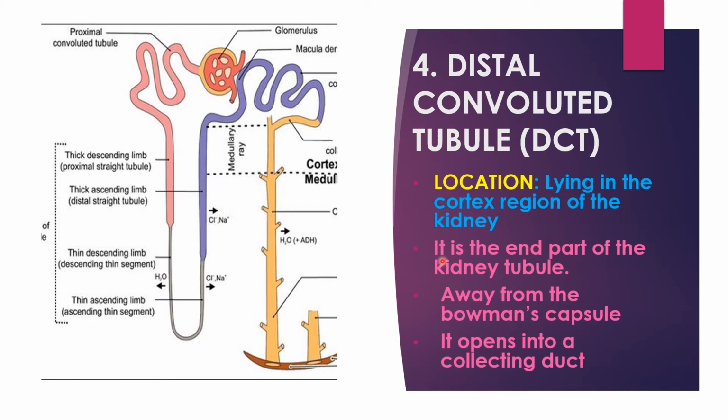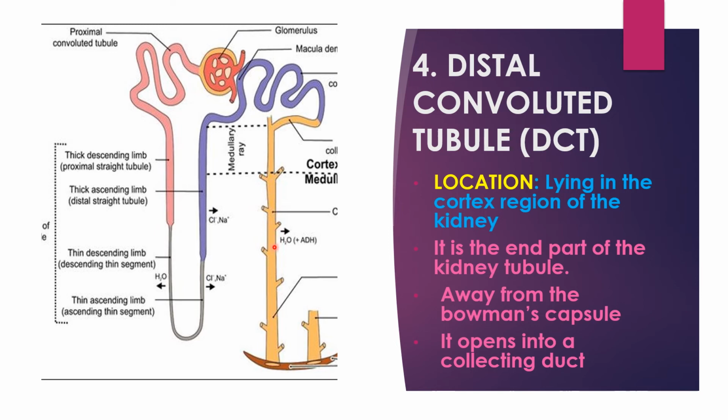One more point you have to remember: the end part of the kidney tubule. Which is the end part of kidney tubule? That is distal convoluted tubule. It is away from the Bowman's capsule. It opens into a collecting duct.